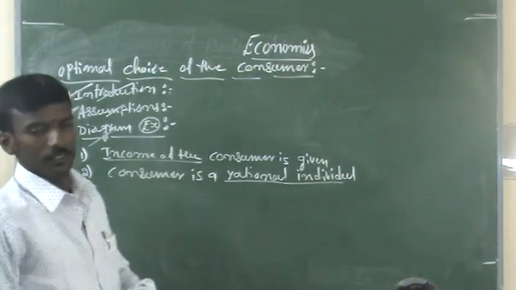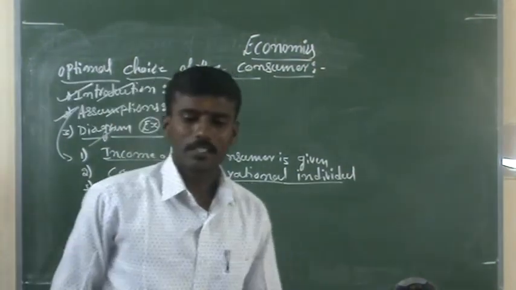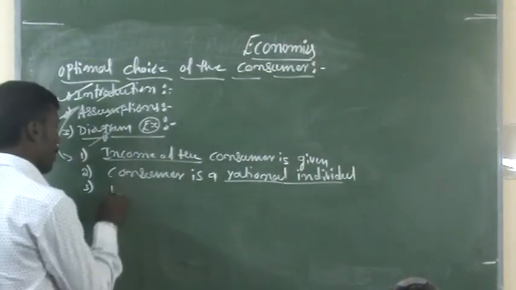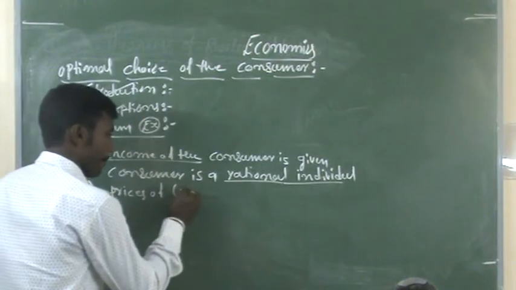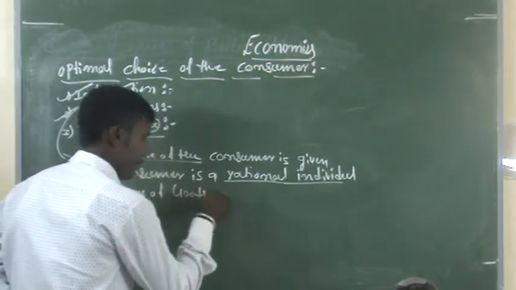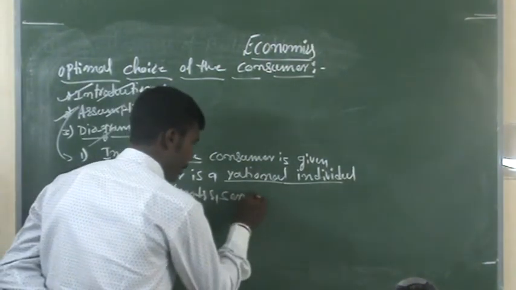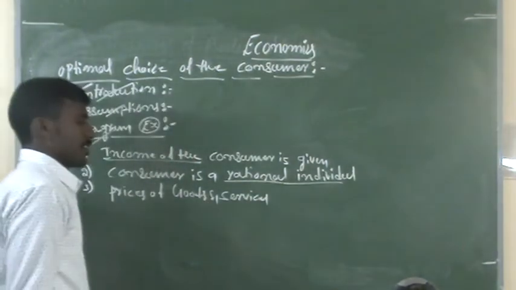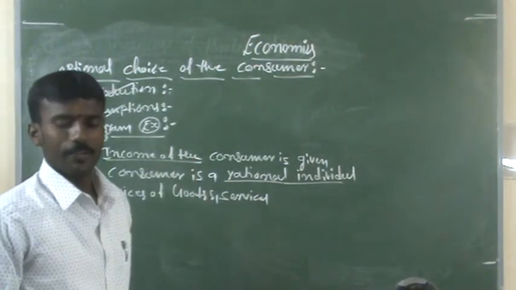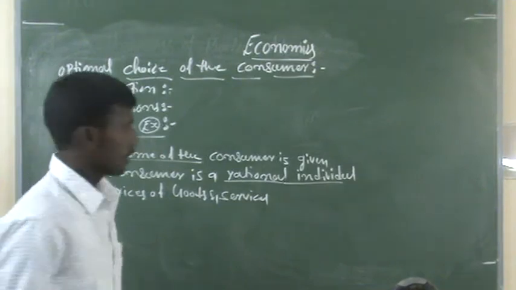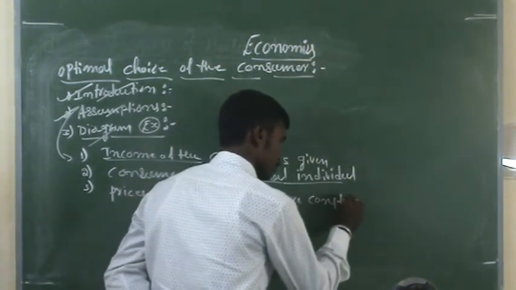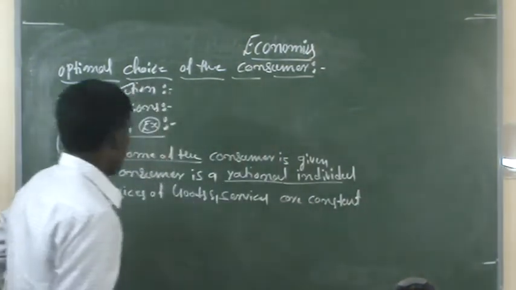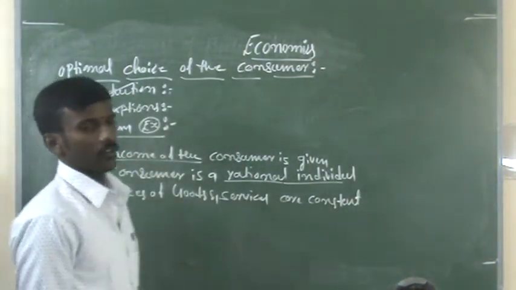Then comes the third assumption: the prices of the goods and services are constant. The prices of goods and services are fixed and constant. Then the third assumption is that the prices of the goods and services are constant.